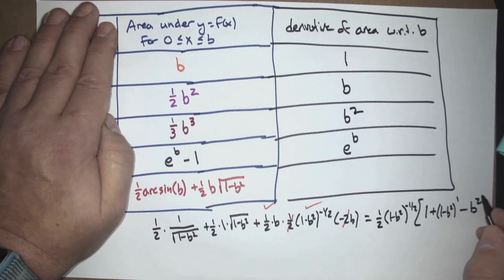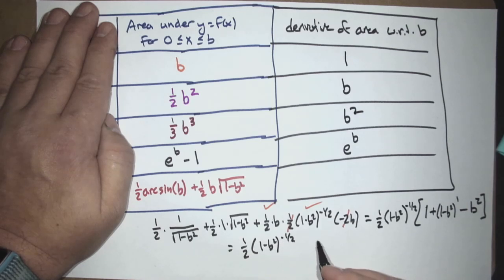So b squared. So this is 1 half, 1 minus b squared to the minus a half.